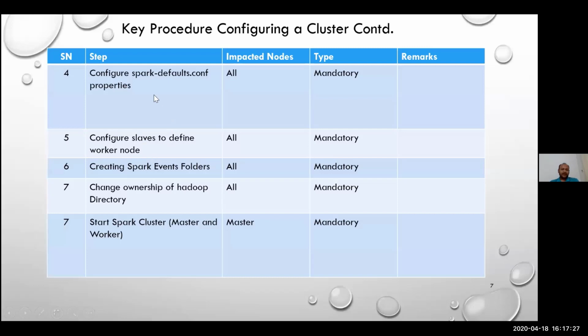If you know that a program always requires that much resources, then you can configure it in the Spark defaults.conf. Otherwise, you can also specify it on the fly while assigning the job.